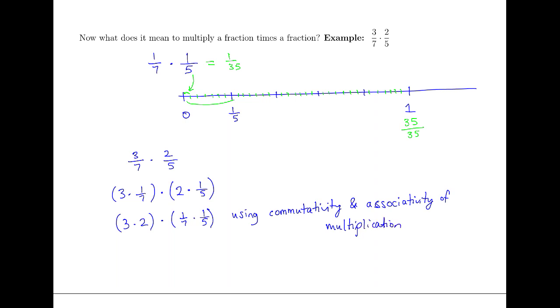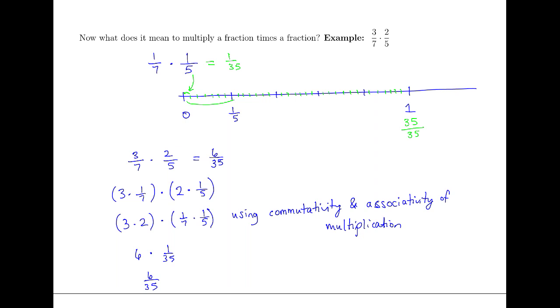And this gives us 6 times 1/35, or 6/35. So we get 3/7 times 2/5 is 6/35. I want to take a moment to think about the meaning of that before I move on to the actual calculation.